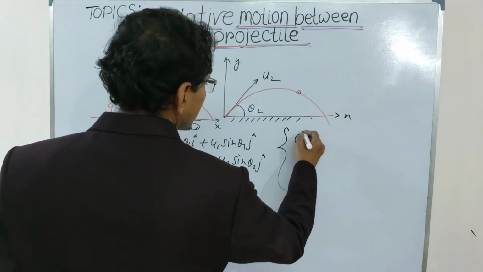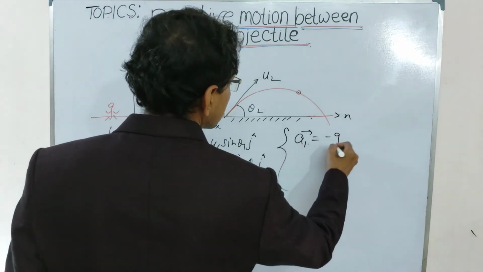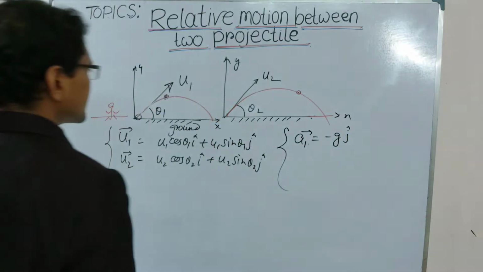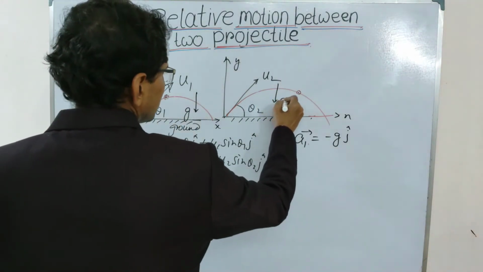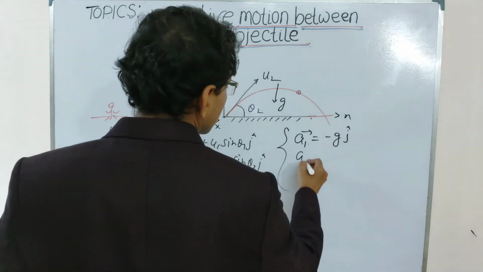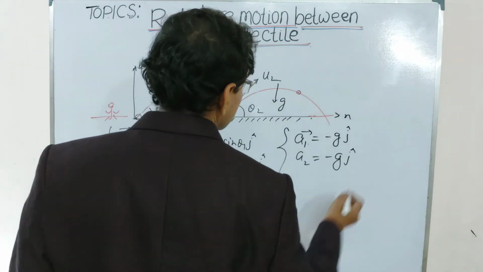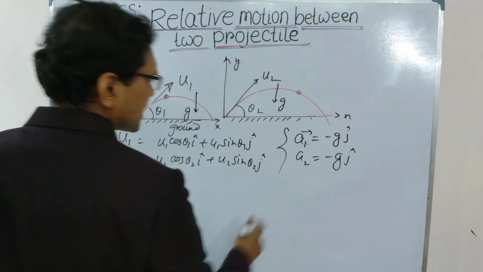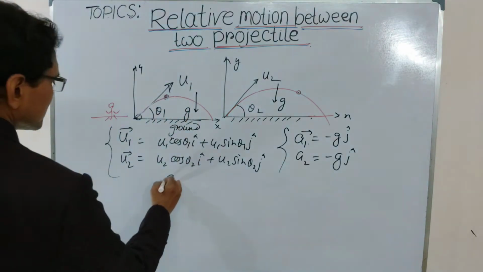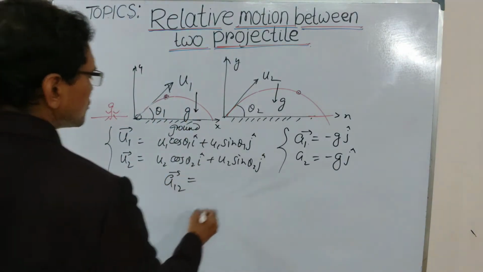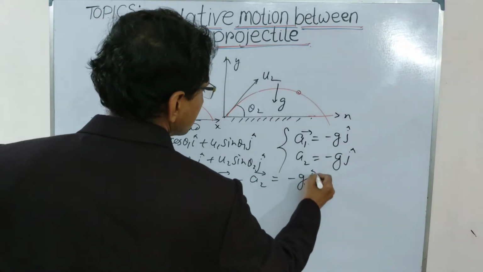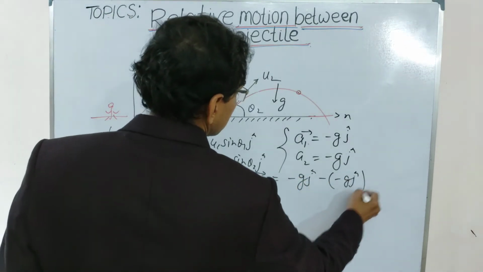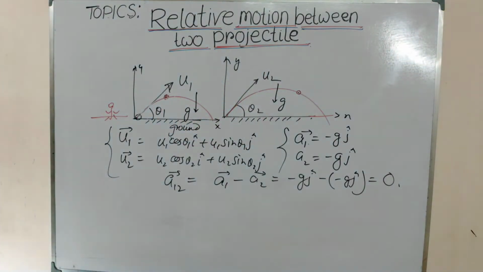Acceleration a1 will be in the minus j direction because acceleration acts in this direction, and a2 is also minus j. Now we can easily say that the relative acceleration equal to a1 minus a2 is 0. Relative acceleration is 0.